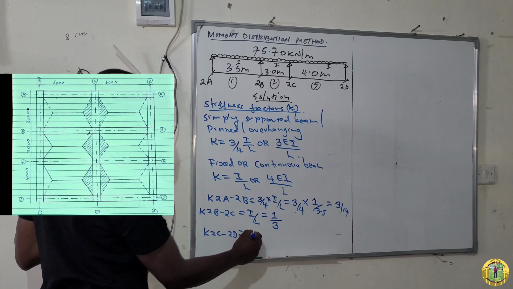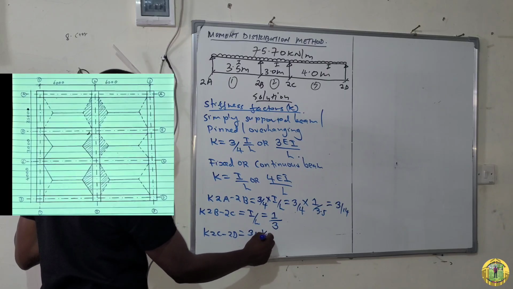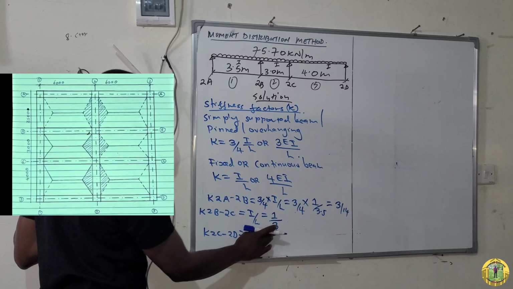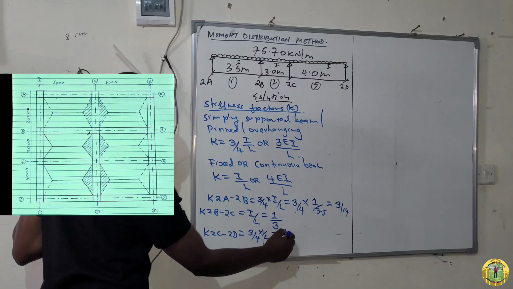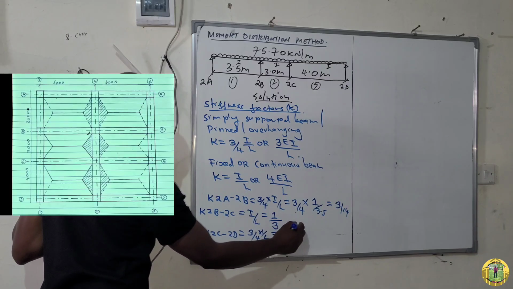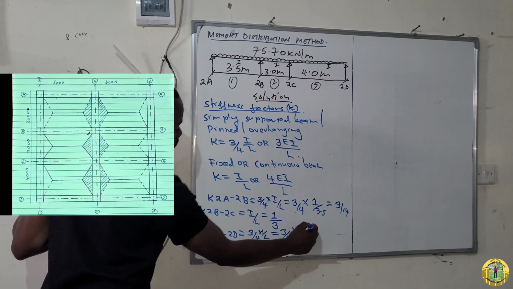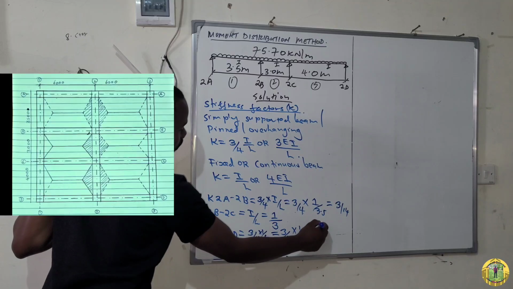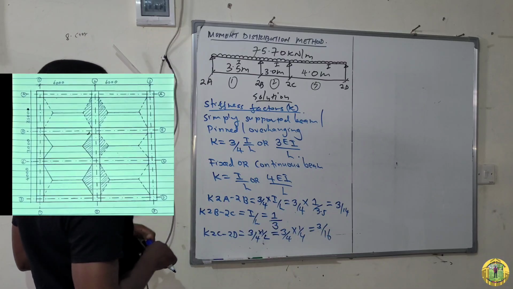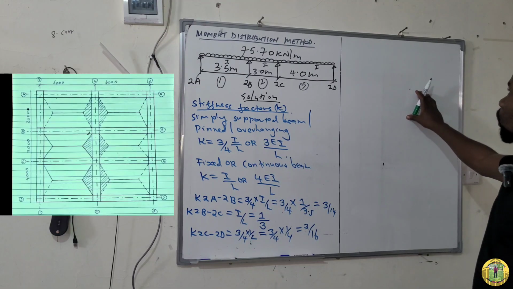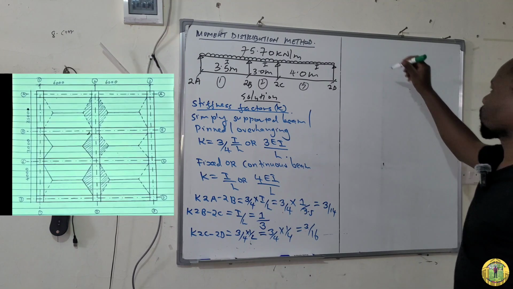Therefore, use 3 over 4 times I over L, which is 3 over 4 times 1 over 4, equal to 3 over 16. We now proceed to distribution factors.